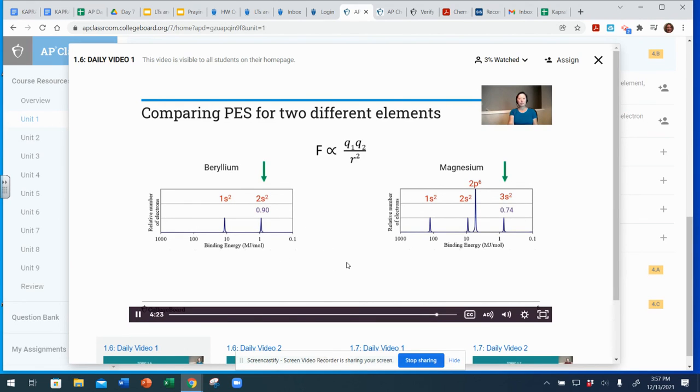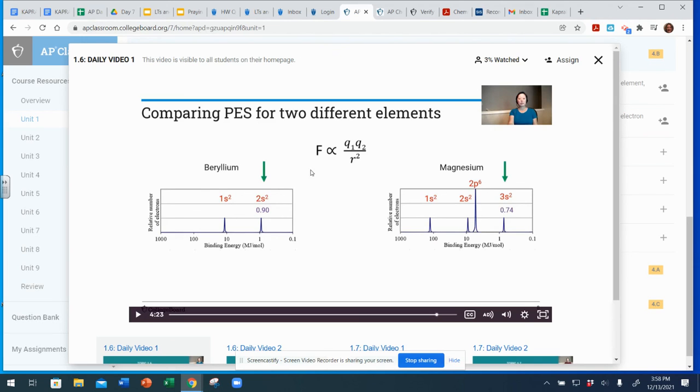So what I do want you to notice also is that in beryllium, the binding energy for the 1s electrons is 10 megajoules per mole of electrons. And in magnesium, those same two electrons have a much higher binding energy. So the 1s electrons in magnesium are much more attracted to the nucleus than the 1s electrons in beryllium are attracted to its nucleus.